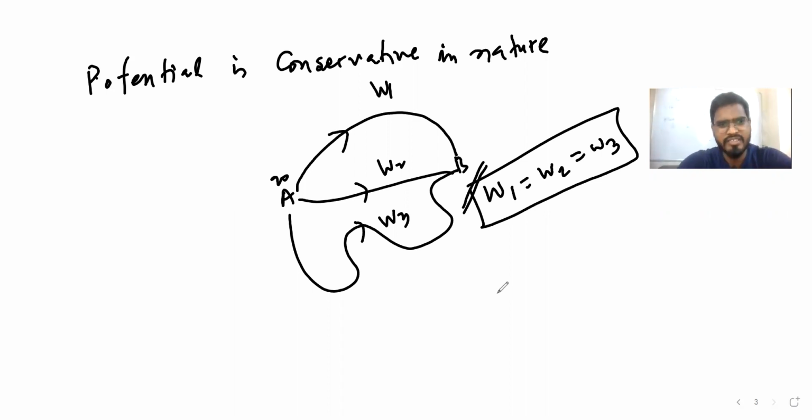Now guys, as we have seen, if you bring a charge from infinity to a specific point, then we'll get potential equal to W by Q. Let's derive this, what will be the formula that we are going to see now.